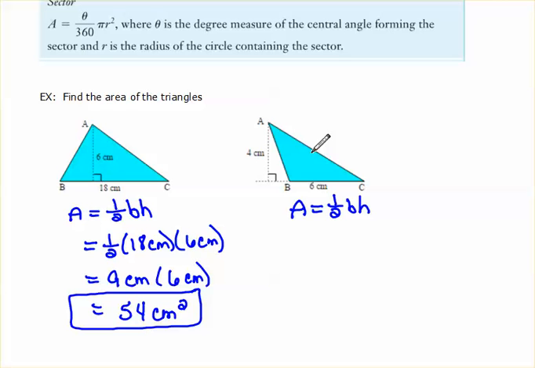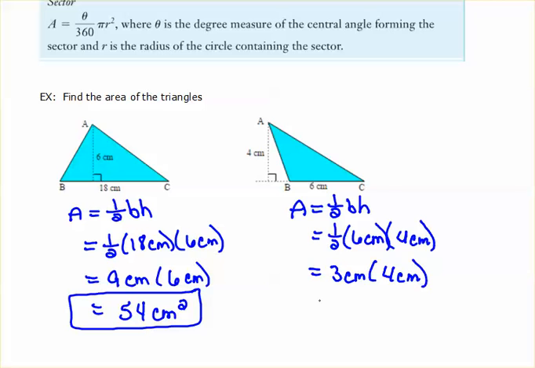But that's okay, because we just plug it into our formula and say the area is going to equal 1/2 the base, which in this case is 6 centimeters, times the height, which in this case is 4 centimeters, and half of 6 would be 3, times 4 would give us an area of 12 square centimeters.